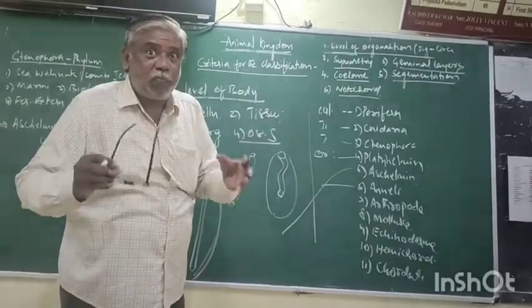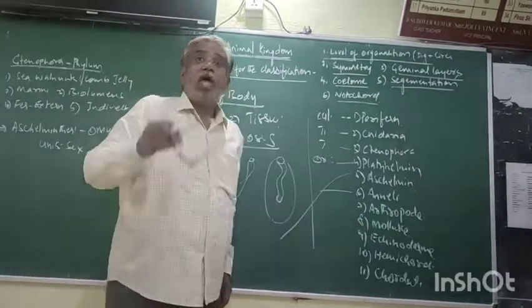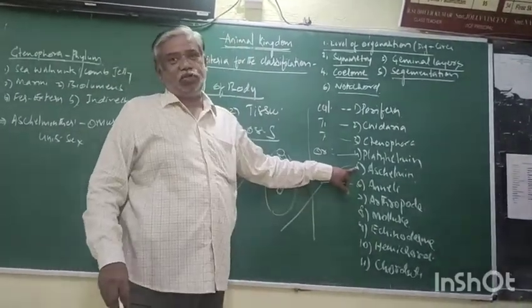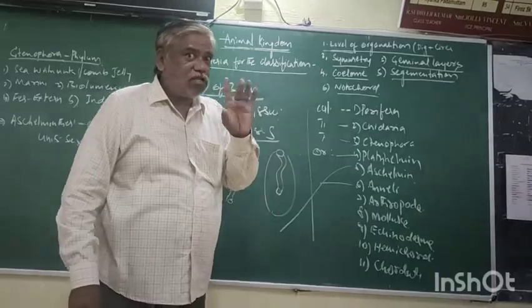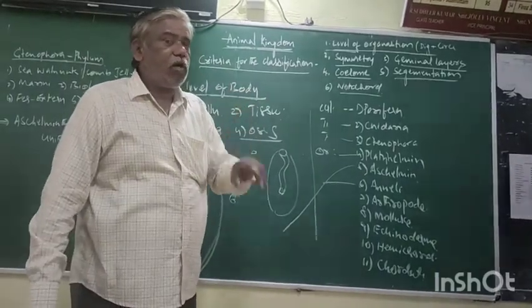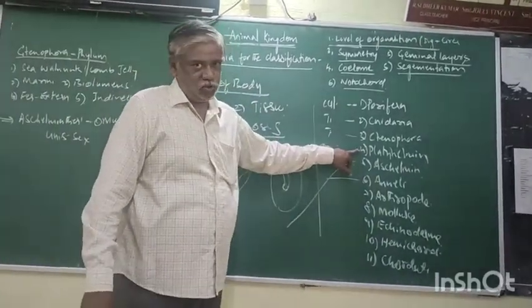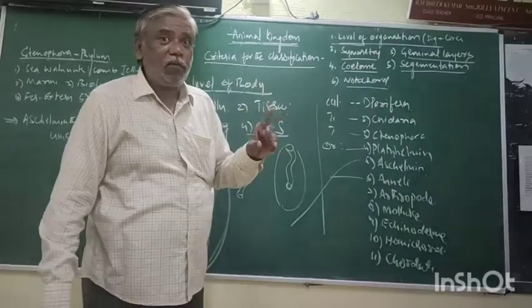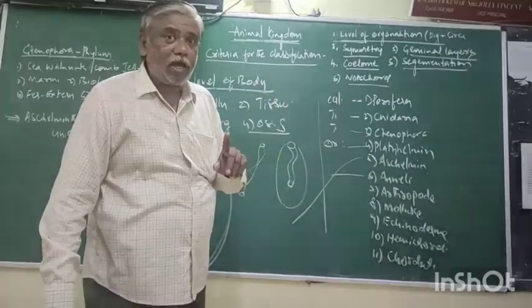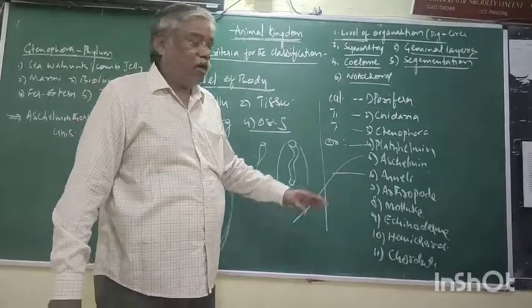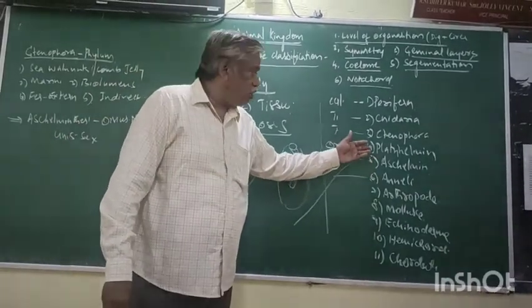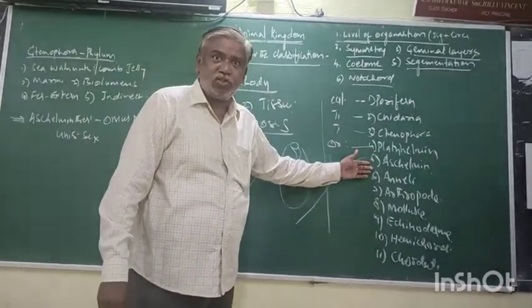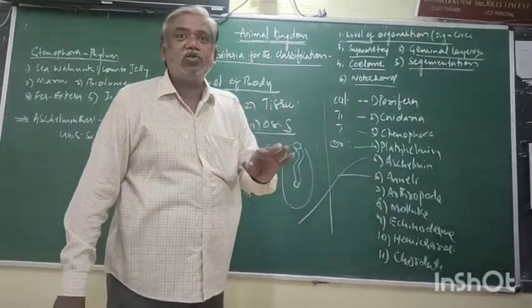This complete nature first appeared in Aschelminthes. Catch the point: the alimentary canal first appeared in Platyhelminthes, but is it incomplete or complete? Incomplete. Why? Absence of anus. Now, when you come to Aschelminthes, the roundworms, the digestive system is complete.